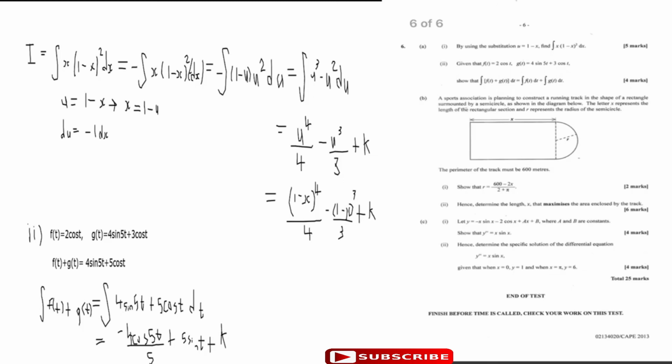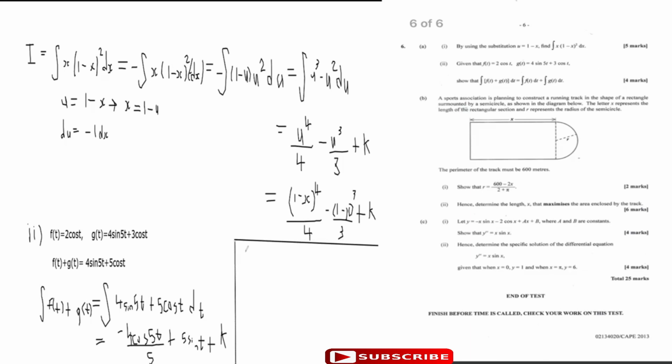Now let's work out the integral of f of t, and then the integral of g of t. I'm going to do that part in red.